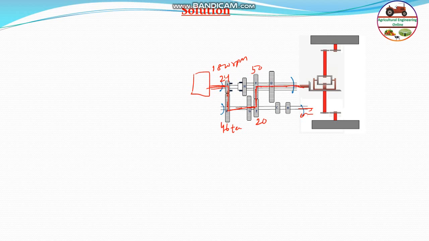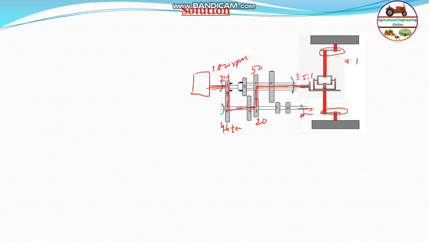The power is moving like this to the differential. The differential has a ratio of 3.5:1, and there is also a final drive at each wheel, so the final drive has a ratio of 4:1.